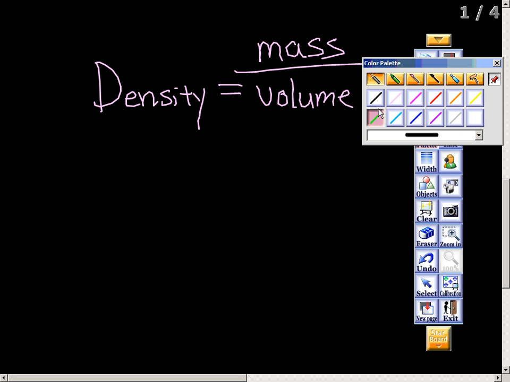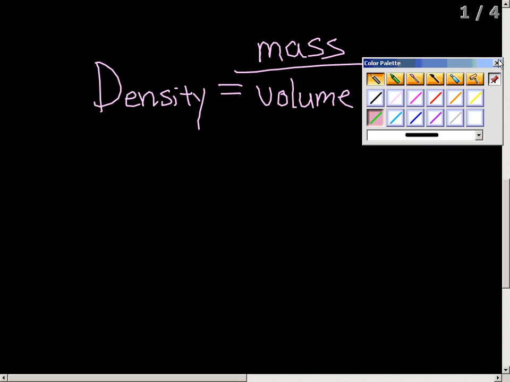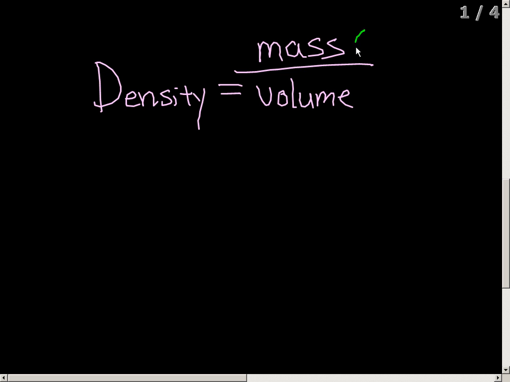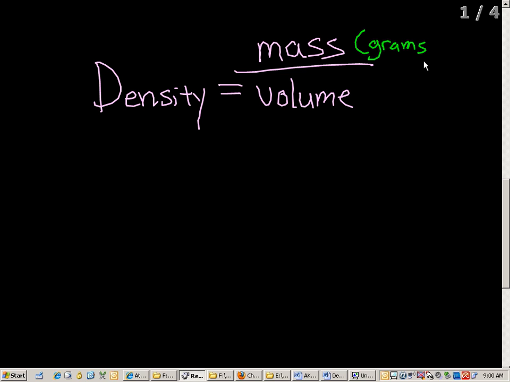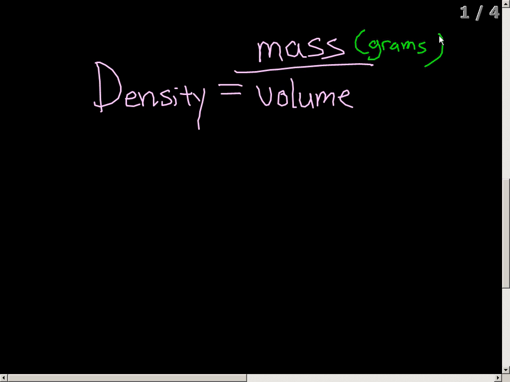Typically, mass is measured in grams. It's the number of grams that an object has divided by its volume, which we typically measure in milliliters. So density's units would have to be grams per milliliter.